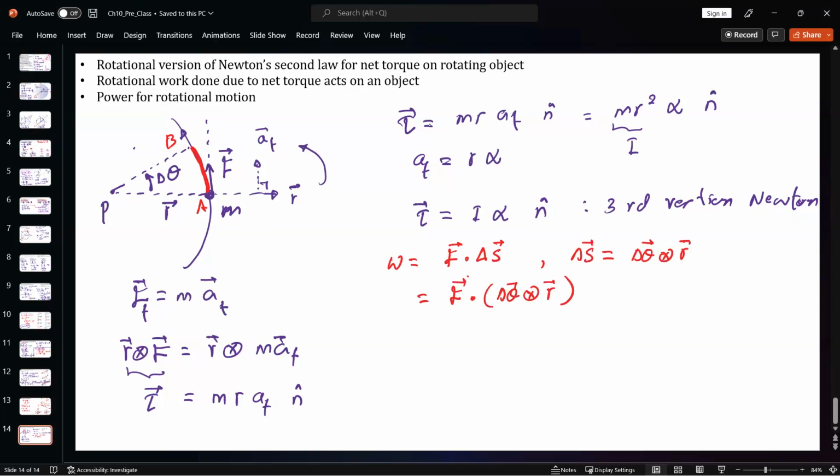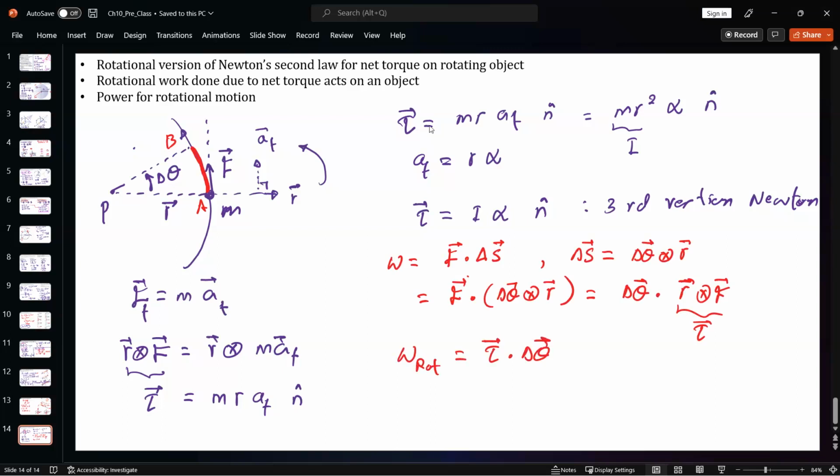Now we can rearrange this a little bit because I have a dot product and a cross product together, but we know the linear component only works with the linear terms. So we can rewrite this by keeping the delta theta here, with the dot product r cross F, r cross the force. Now this r cross the force is actually the torque. So basically we can rewrite the work done due to rotational effect as the dot product between the torque and the delta theta.